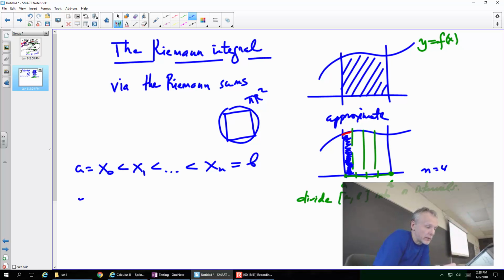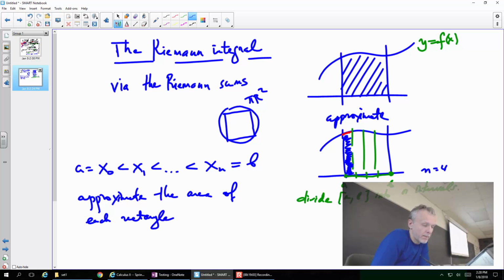How do we approximate the area of each rectangle? I mean, it's still not a rectangle really, but it almost is. So how do we approximate it? Yeah. Would you find the total area and divide it by n?